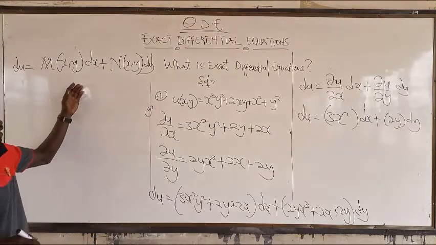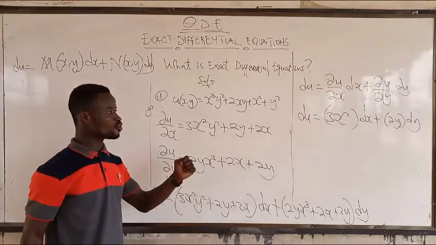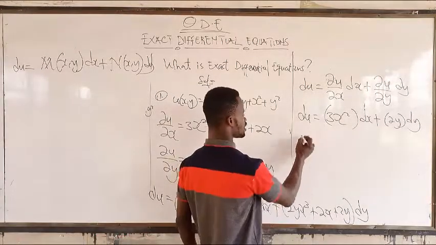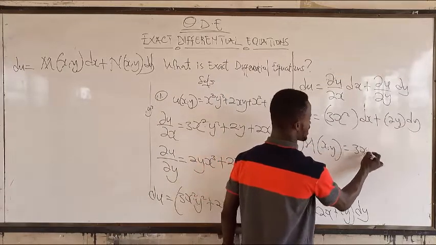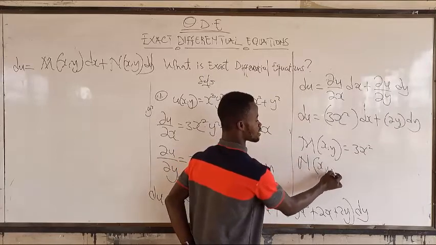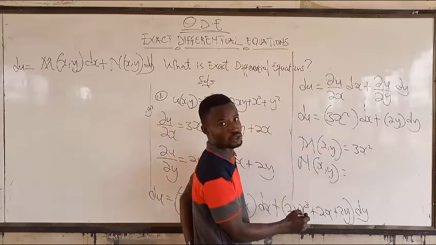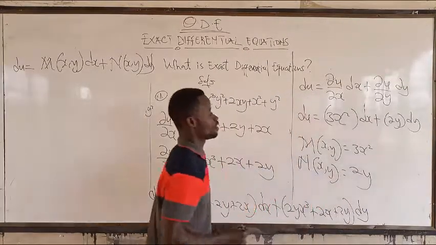So, looking at what we did here and here, we can now see that the function of x and y multiplying dx will equal 3x squared y squared plus 2y.